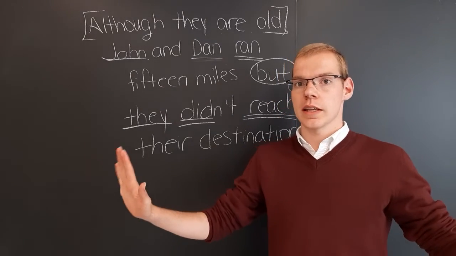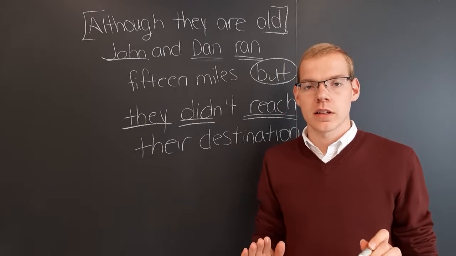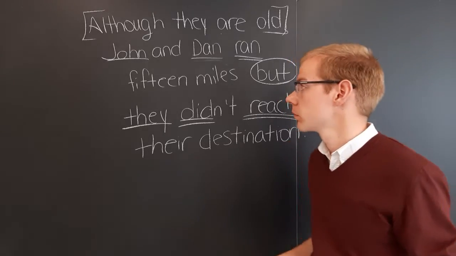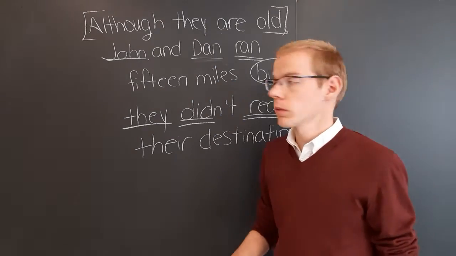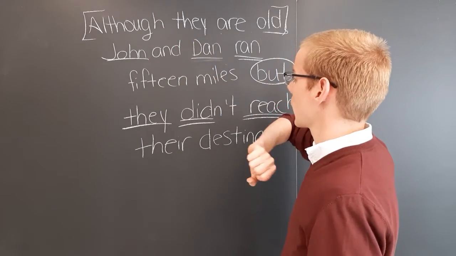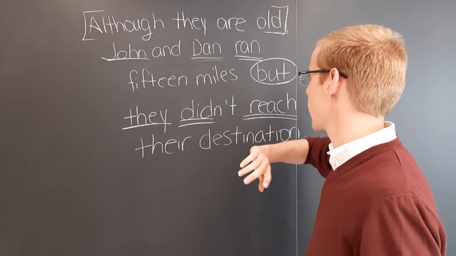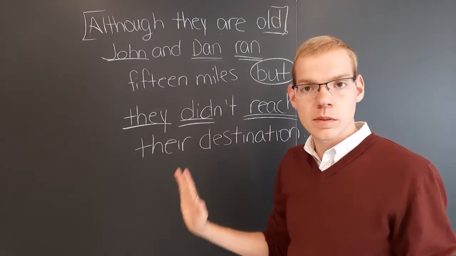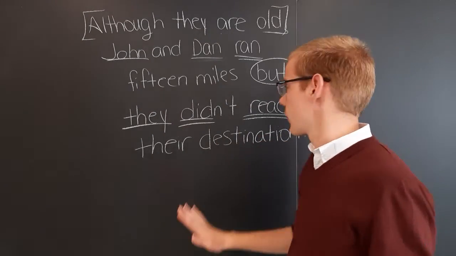Any clause inside of a sentence makes a sentence a complex sentence. So simple would be just these two lines, John and Dan ran 15 miles. That'd be a simple sentence. It doesn't have any conjunction.